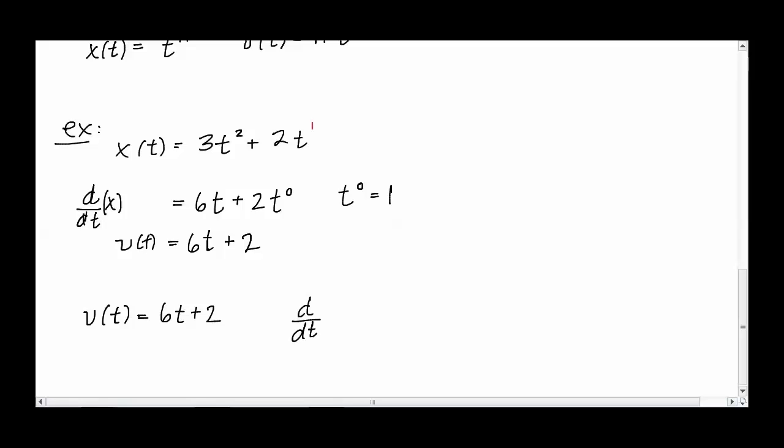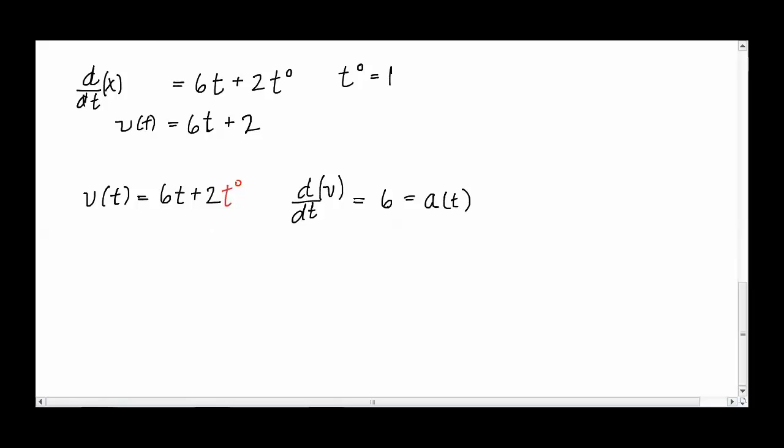So d dt of our velocity function would be equal to, now we're going to take the derivative of each piece, so that would be t to the 1, and 1 times 6 is 6, and then it's a t to the 0 beside the 2, and 0 times 2 is 0, and that gives us our acceleration function.